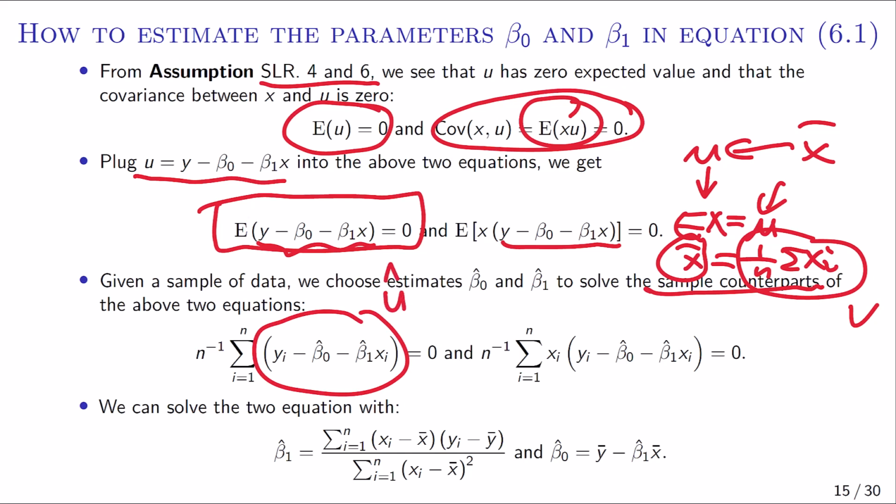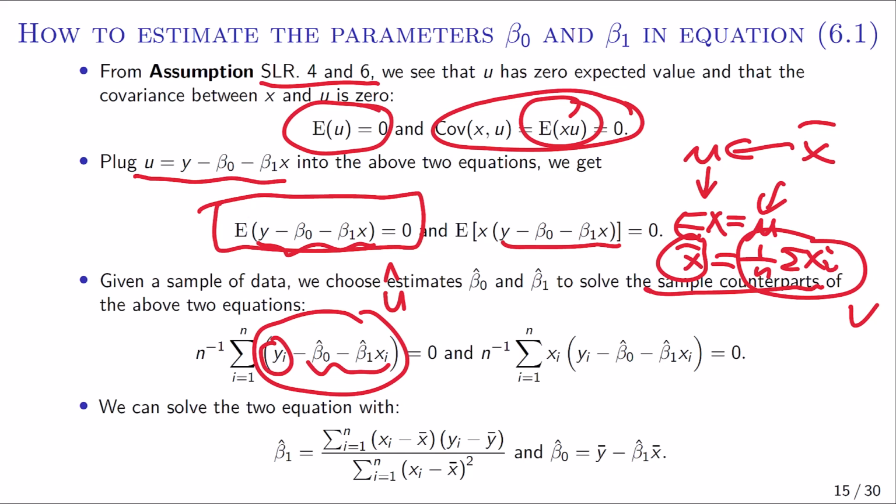Add all of the u's, because we come up with estimates of beta naught and beta 1. And then we could have a so-called discrepancy between the observed yi and the assumed yi, okay? The difference is exactly what we mean by u hat here. You could think of that as a kind of estimate for u, though you have to put a double quote around this estimate, because we are never going to estimate u, right?